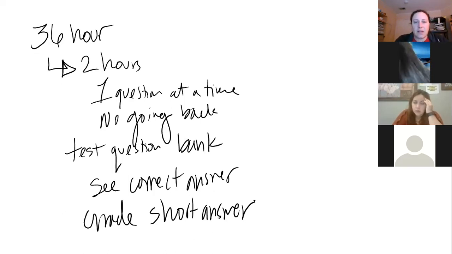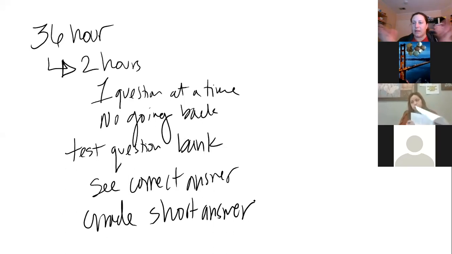Same basic setup. The nice thing is that I can put everything I would possibly want to test everybody on, and then you'll each get 40 of those plus a couple of short answer. But I don't want to say absolutely that's how it's going to go, because I want to see how this one goes first. We're in new territory, and I want to be able to adjust if I need to, to make things work best for everybody.